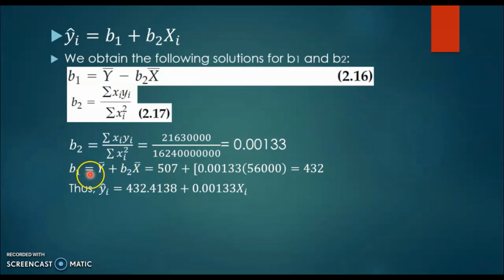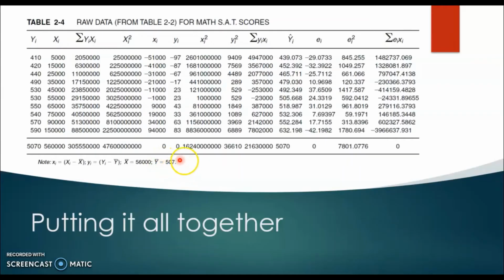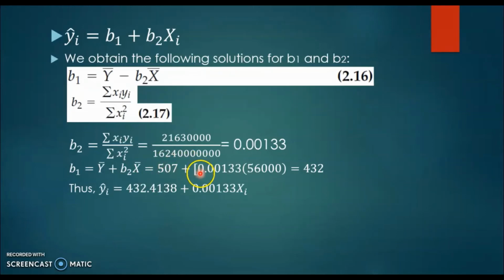We know that b1 is equal to the mean value of y plus b2 times mean value of x. Mean value for y is 507. We can refer here. Mean value for y is 507 plus 0.00133. So this is the same as what we have here.